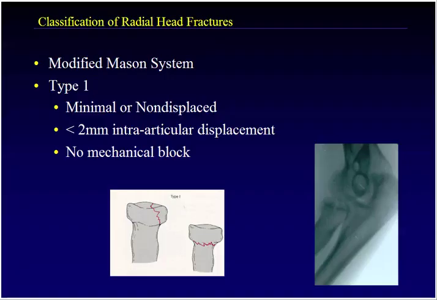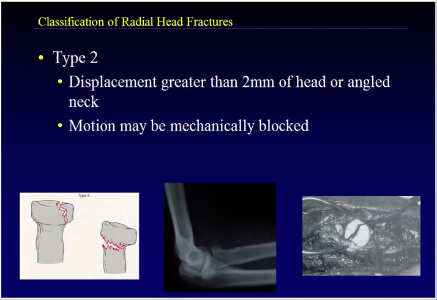In the Mason classification system, type 1 fractures are minimally or non-displaced fractures, defined as less than 2 millimeters of intra-articular displacement. There typically will be no mechanical block to elbow range of motion in these fractures, and they will do quite well with simple conservative non-operative treatment. Type 2 fractures are where you have displacement of either the head itself greater than 2 millimeters or displacement of the neck with angulation.